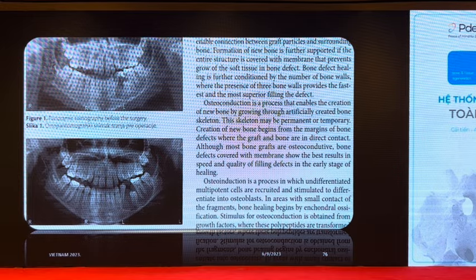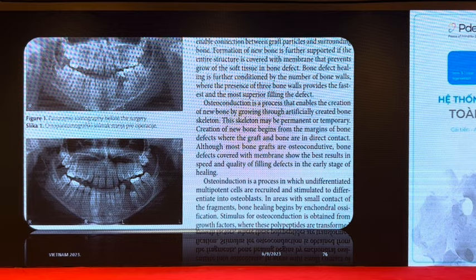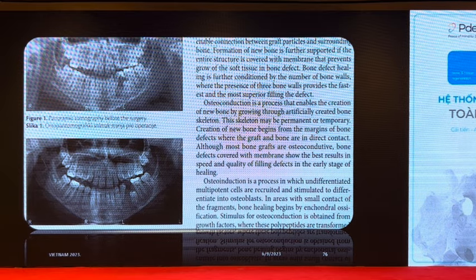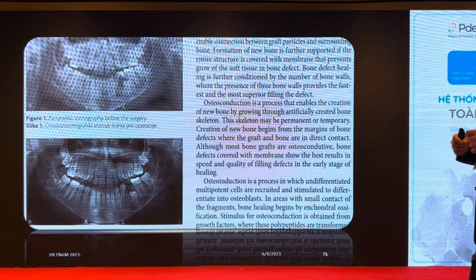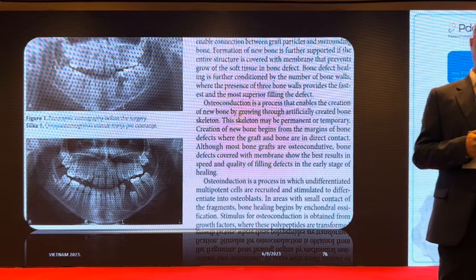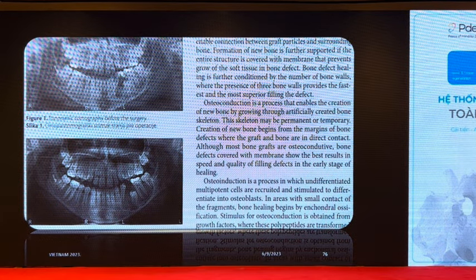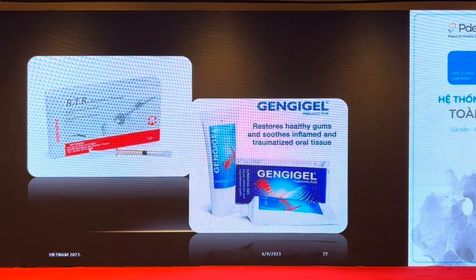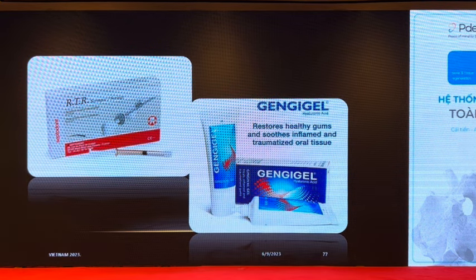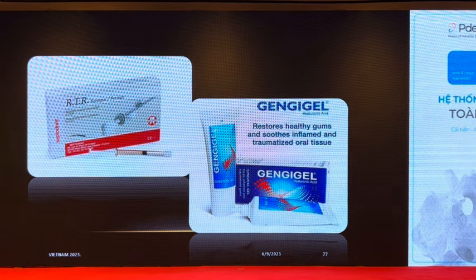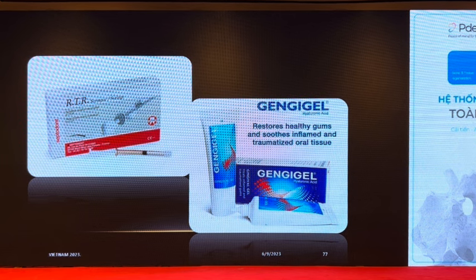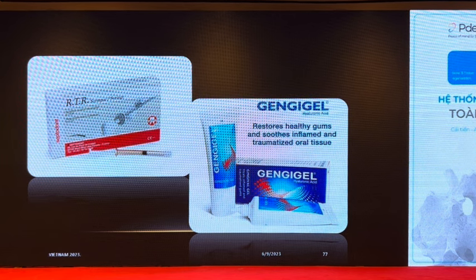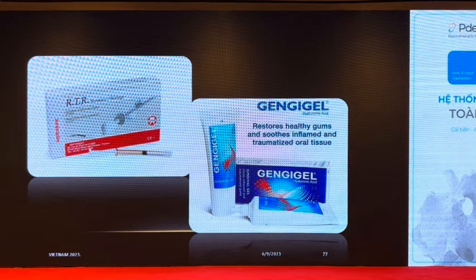I told you, at that moment a material like PRF doesn't exist. So my idea was to use this hyaluronic acid to mix with these granules. At that moment I used this beta-tricalcium phosphate for filling this kind of defect, but I never tried to treat such a big defect like this one.